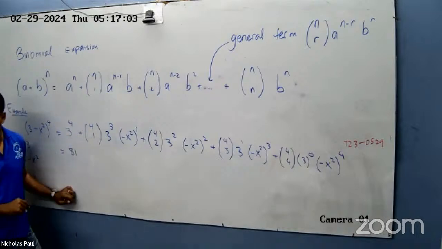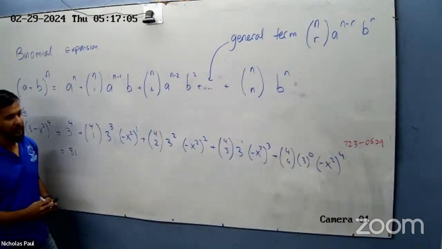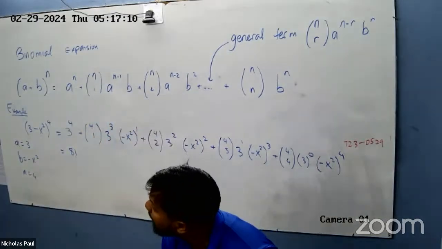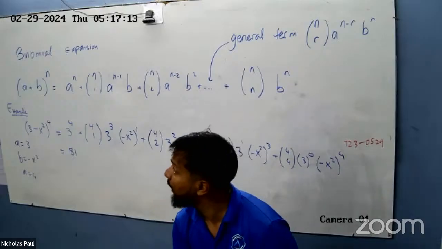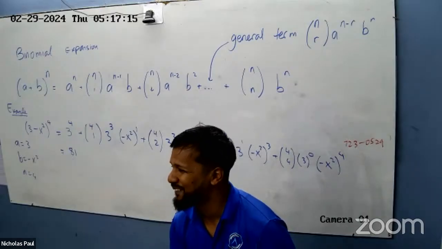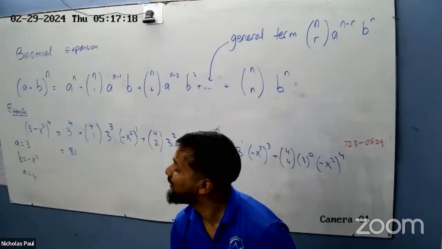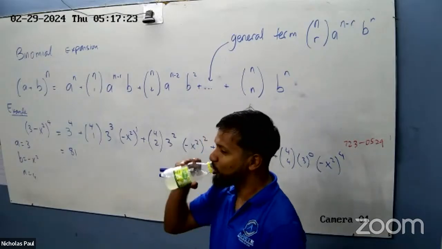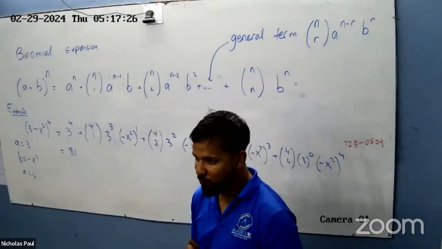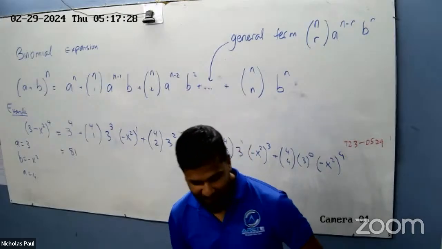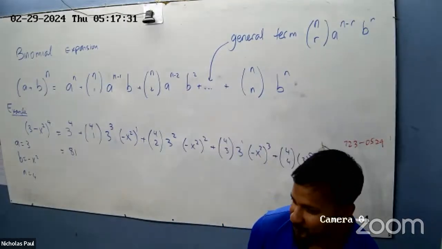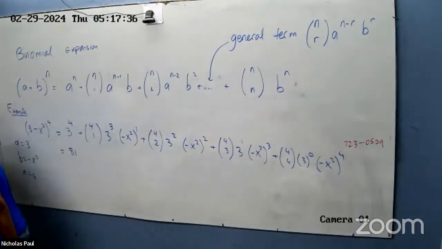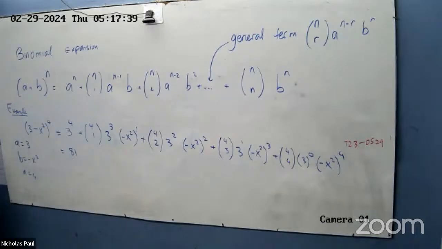4C1, let's go back to it. I can make sure you can work it out now, please. It's pressing 4 and nCr 1.